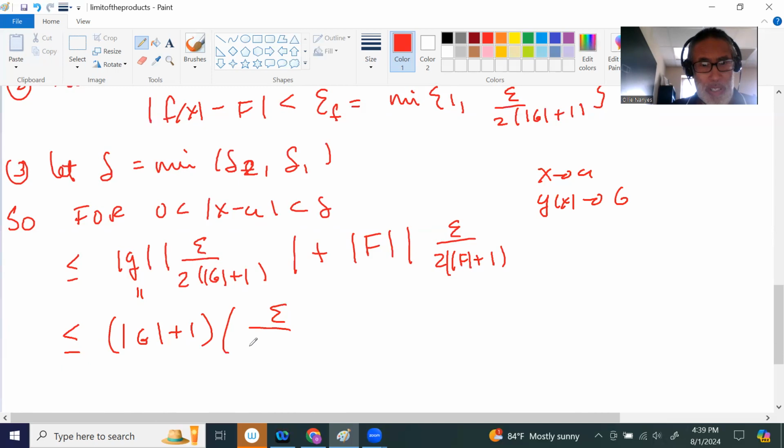Then we have this epsilon over absolute G plus 1, right? Because remember, this is getting very close to G. So this part here is also true.